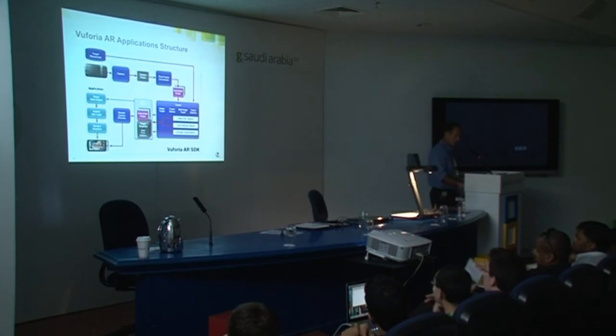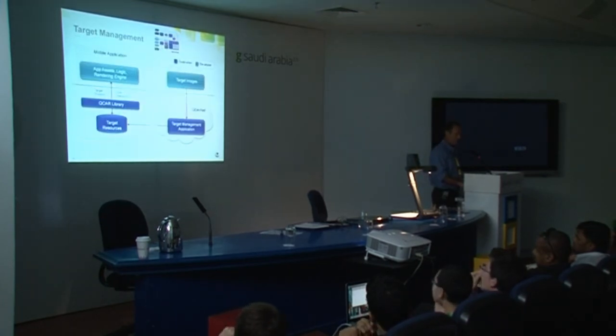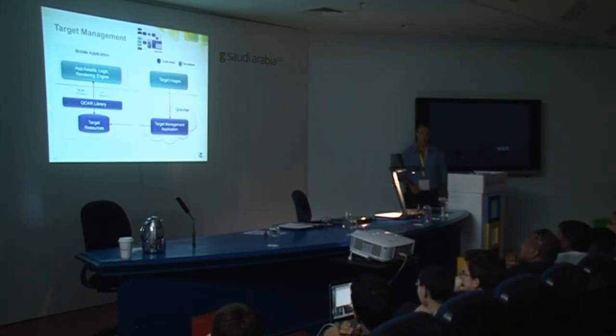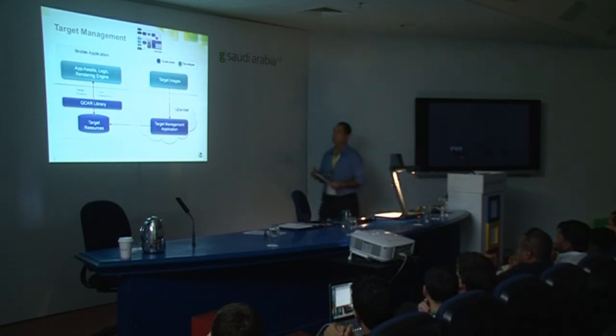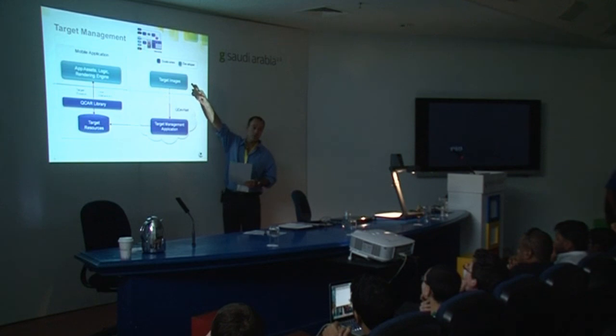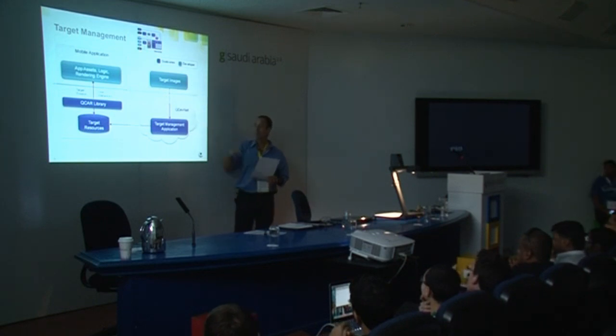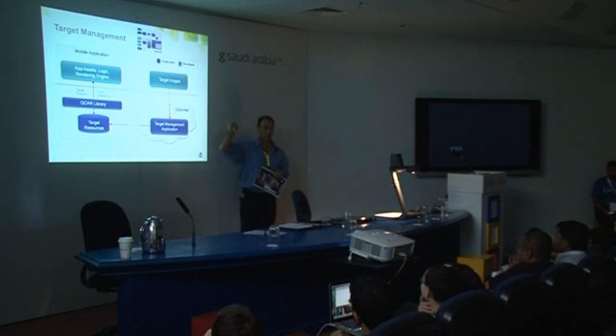So what we can do is talk about the target management system. How do I get the application to recognize this target or this target, right? I take an image, a JPEG. This is my target image. I upload it to a system called the Target Management Application. It's on the developer network website that we have.